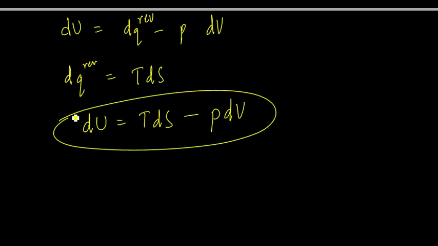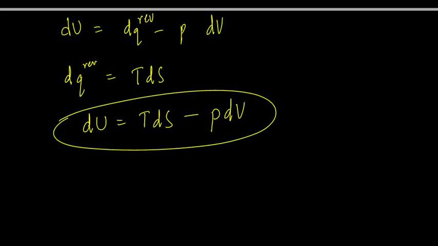What's so special about this equation? All of them are state variables or state functions. Each one of them: U, S, T, P, V. All state. Does not depend on the change.